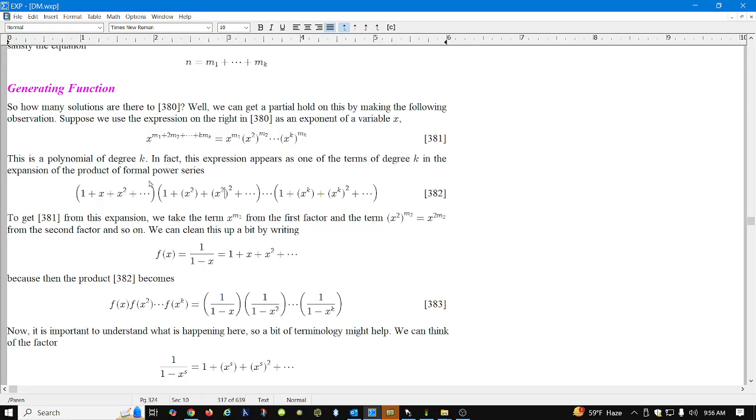We can truncate these at degree k because higher order terms will not enter into the coefficient of any degree k term.